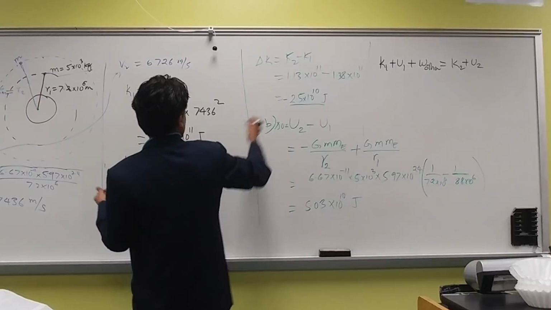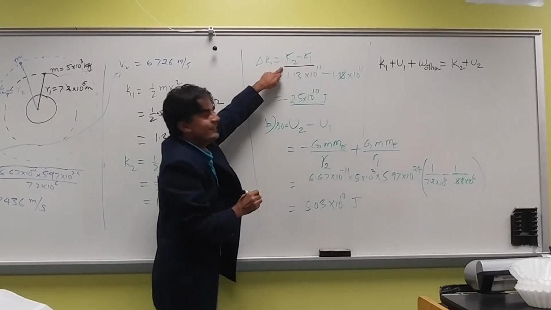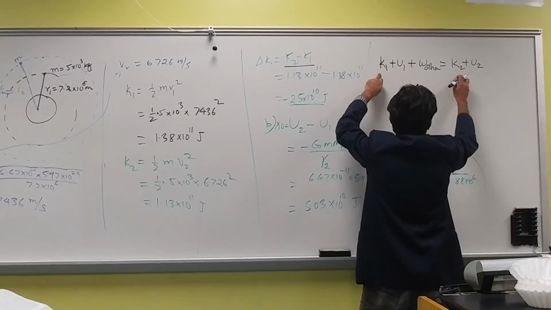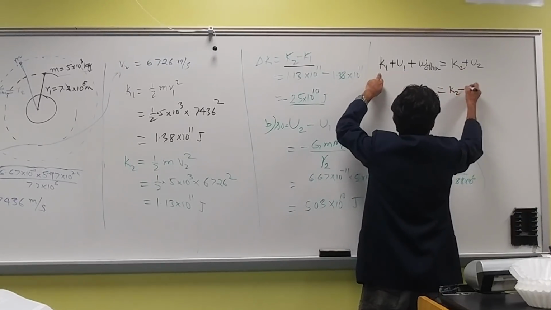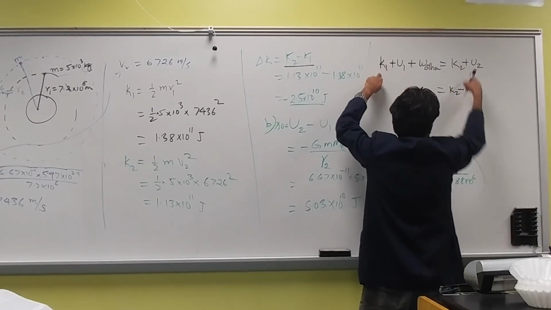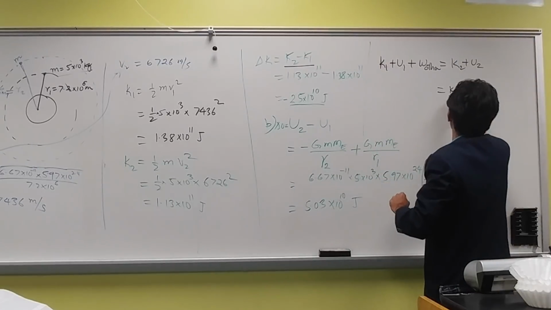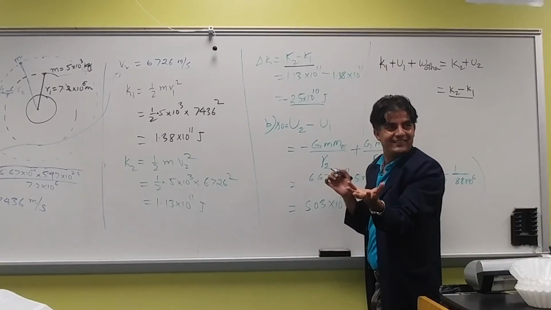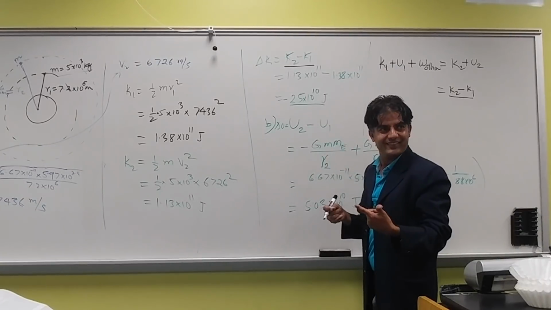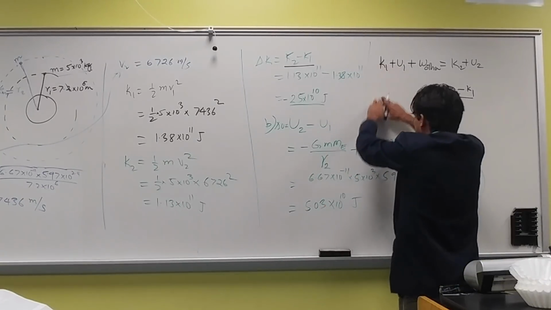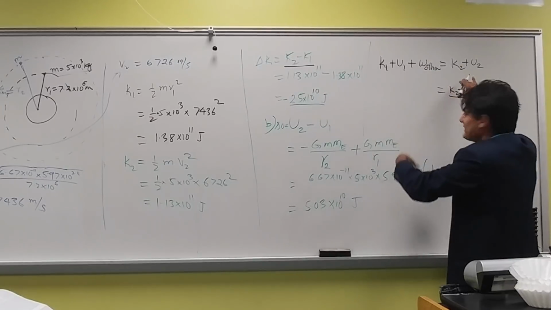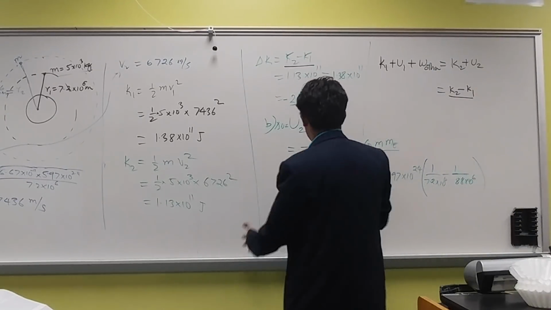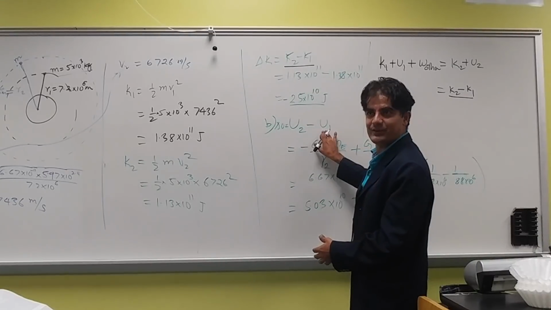since you know K2 minus K1, right? So what I would do is push this K1 to the right. So I have here K2 minus K1. Be a little smart, right? Don't calculate K1 separately, U1 separately. Same thing here with the potential energy: U2 minus U1, right?